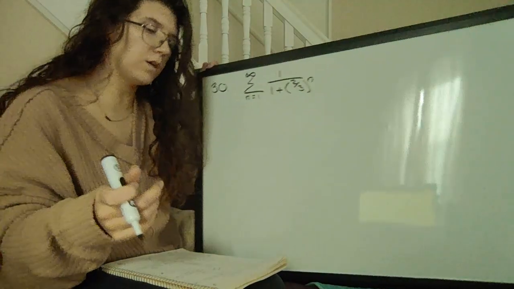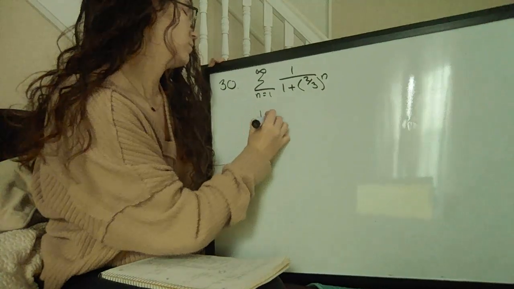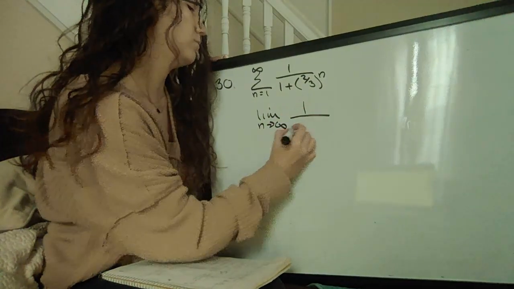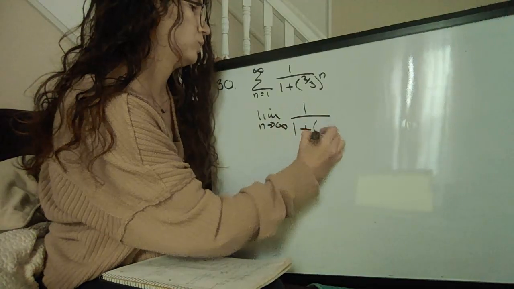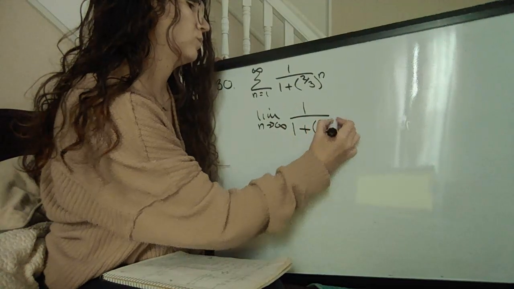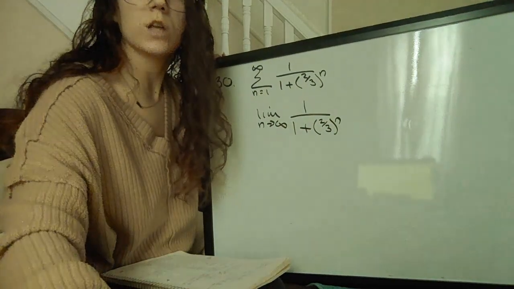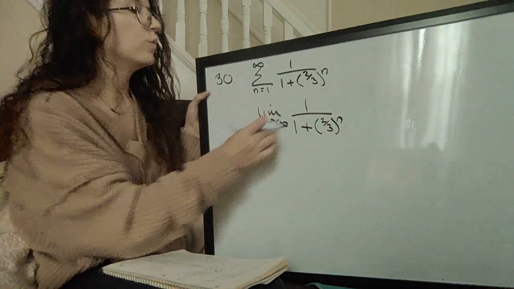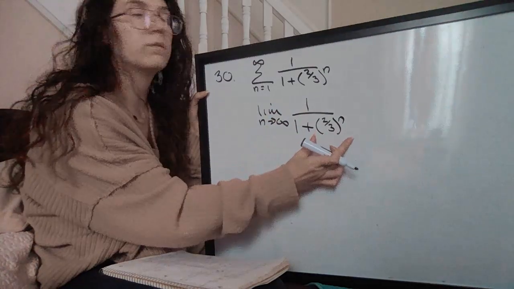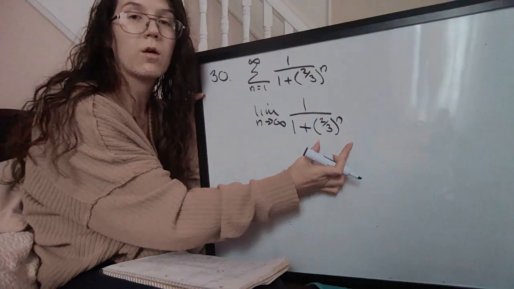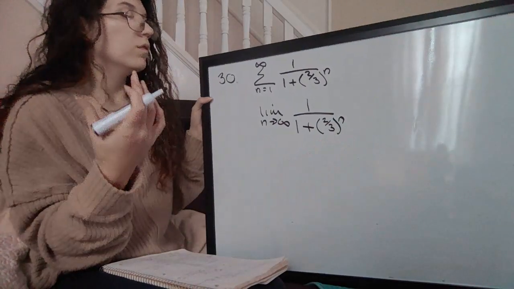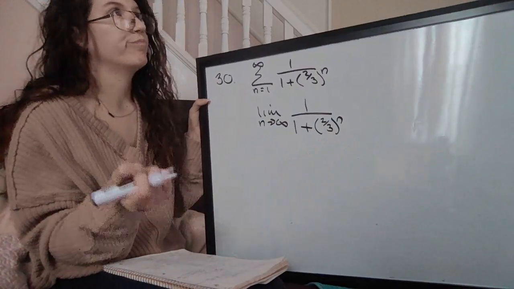So we can do the same thing. We can take our limit as n approaches infinity of this. And this one's actually not too bad, just because we don't have a whole bunch of junk floating around. We have just a 1 and a 1, and the only piece that we need to worry about is what occurs here.